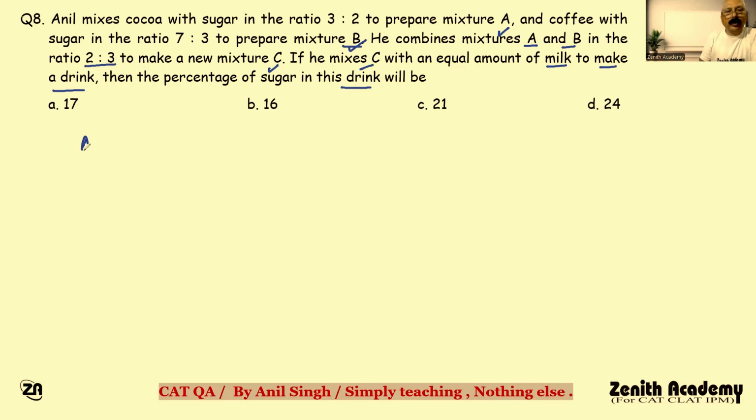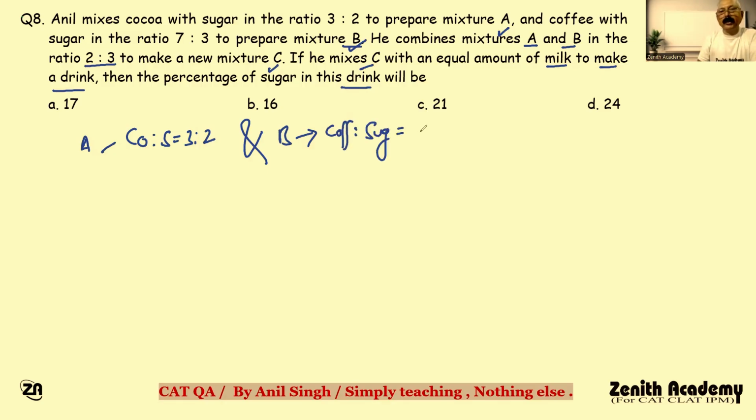Okay, so in mixture A, the ratio between cocoa and sugar is 3:2. In mixture B, the ratio between coffee and sugar is given 7:3. In mixture C, the ratio between mixtures A and B is given 2:3.